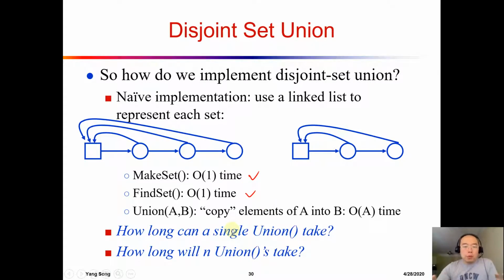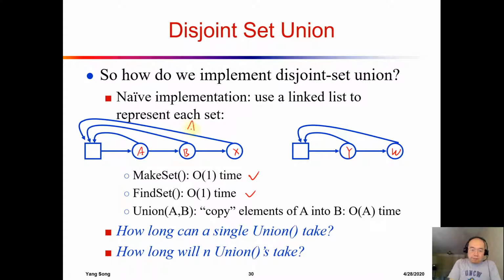When we want to combine set A and set B together, how do we do that? The easiest way is, how about we just copy all the nodes from set A into set B. Say we have A, B, and X, and then we have Y and W, for example.